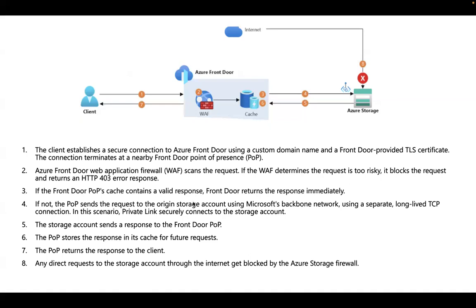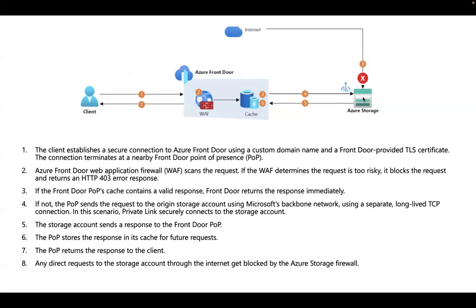So if the cache doesn't have the response, it will forward the request to Azure storage using the private endpoint and a TCP connection. As we know, TCP is Transmission Control Protocol. It makes sure that the requested data, everything, is received. Even if some packet is not received, it will tell the destination that it has not received this packet and make sure the destination origin server sends that packet. So it uses TCP here.